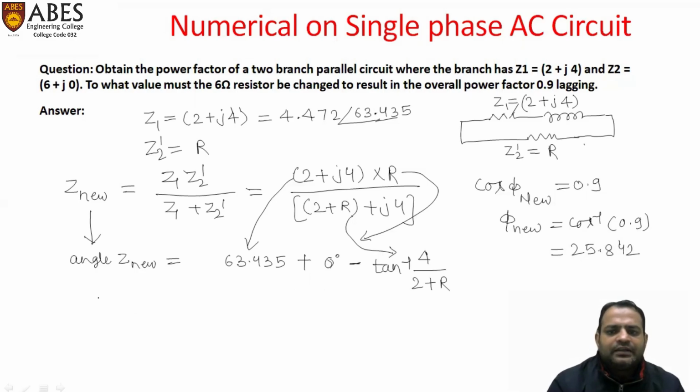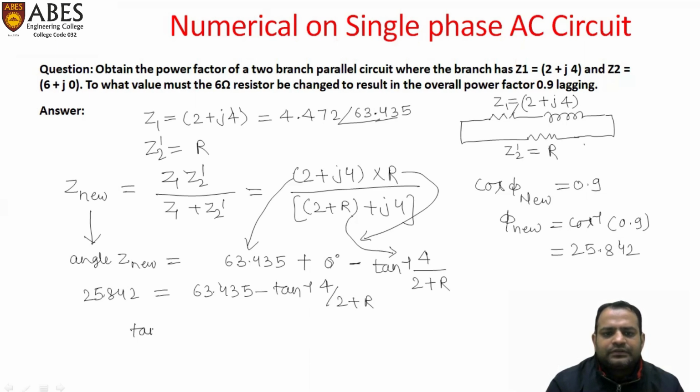So we know that this angle 25.842 is equal to 63.435 minus tan inverse 4 by 2 plus R. So after solving, tan inverse 4 upon 2 plus R is equal to, after subtracting 63.435 minus 25.842, 37.593.